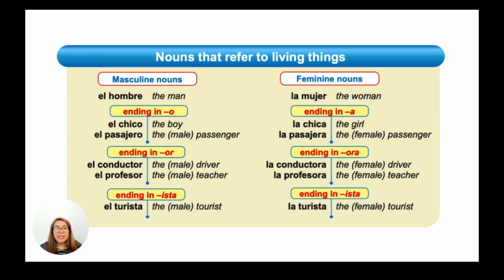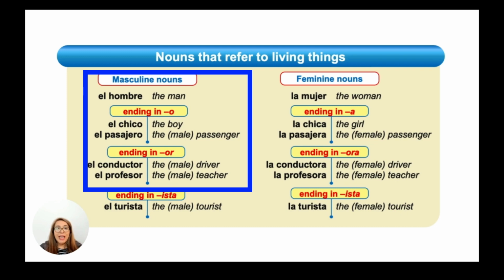Now, how can we tell whether a noun in Spanish is masculine or feminine? So I'm going to give you some rules of thumb that will help you decipher whether a noun is feminine or it's masculine. And for that, you can look at the endings. So first, let's talk about living things, meaning people, animals, and so on.